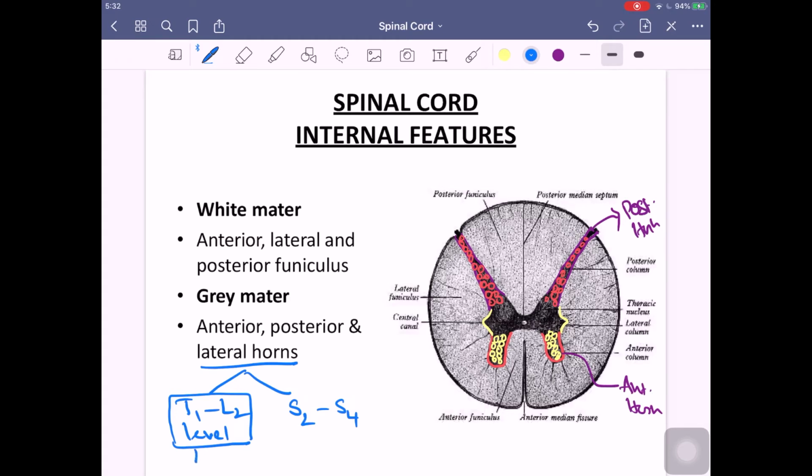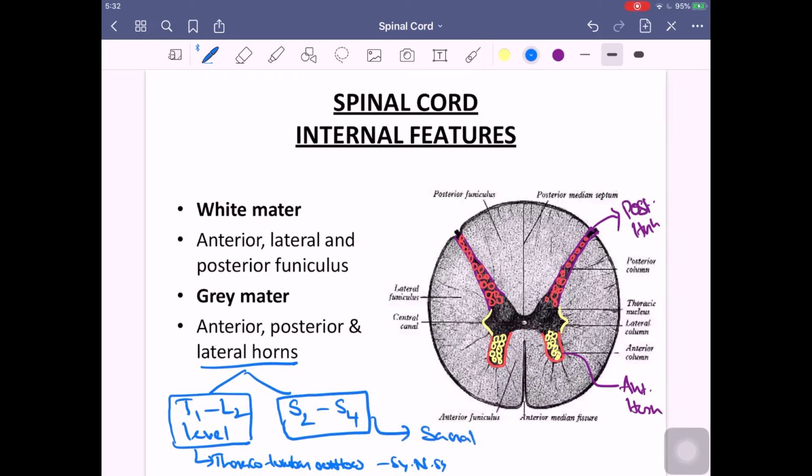Now this T1 to L2 is what we call the thoracolumbar outflow, which is the anatomical name of the sympathetic nervous system. So these lateral horns are meant for the sympathetic nervous system.